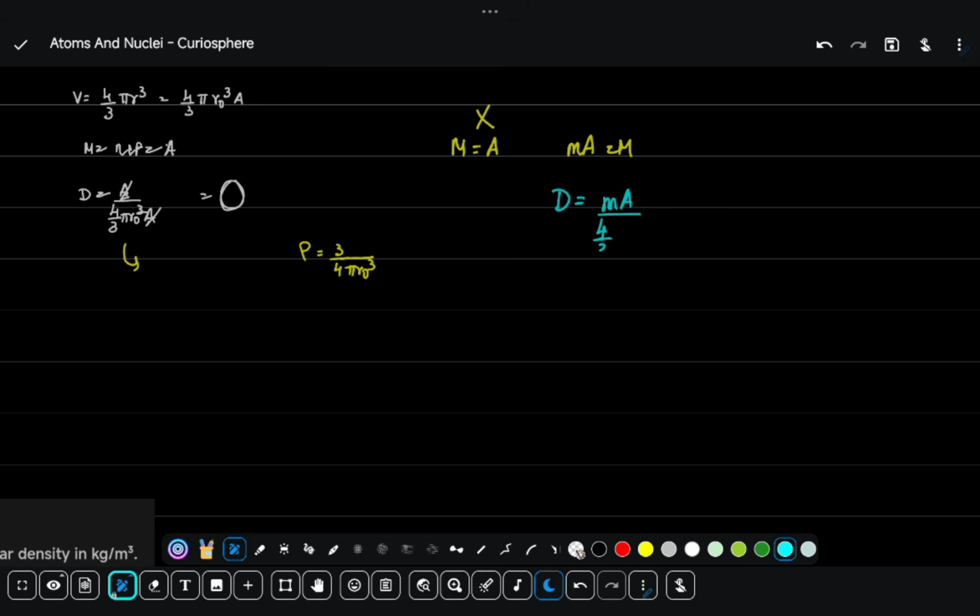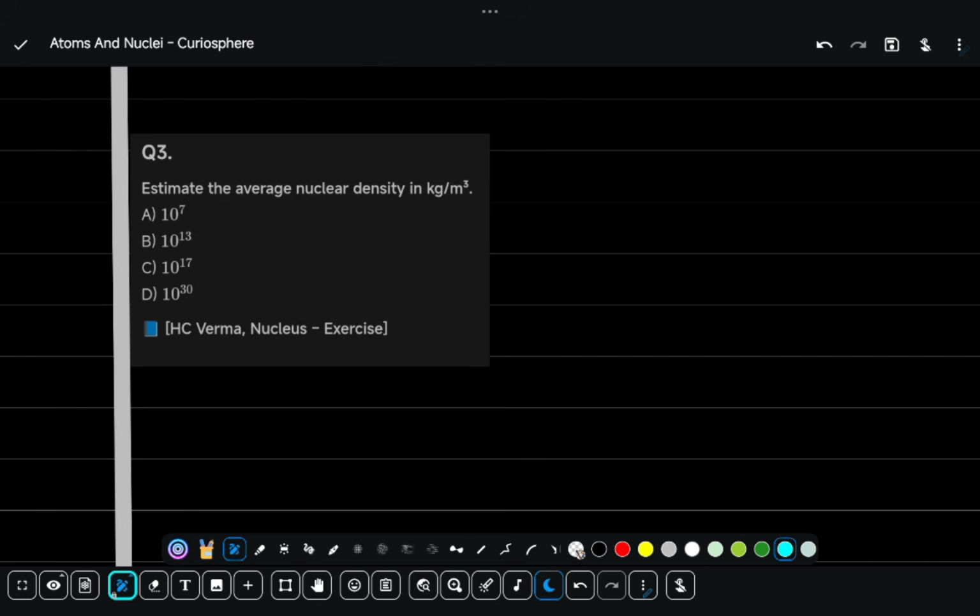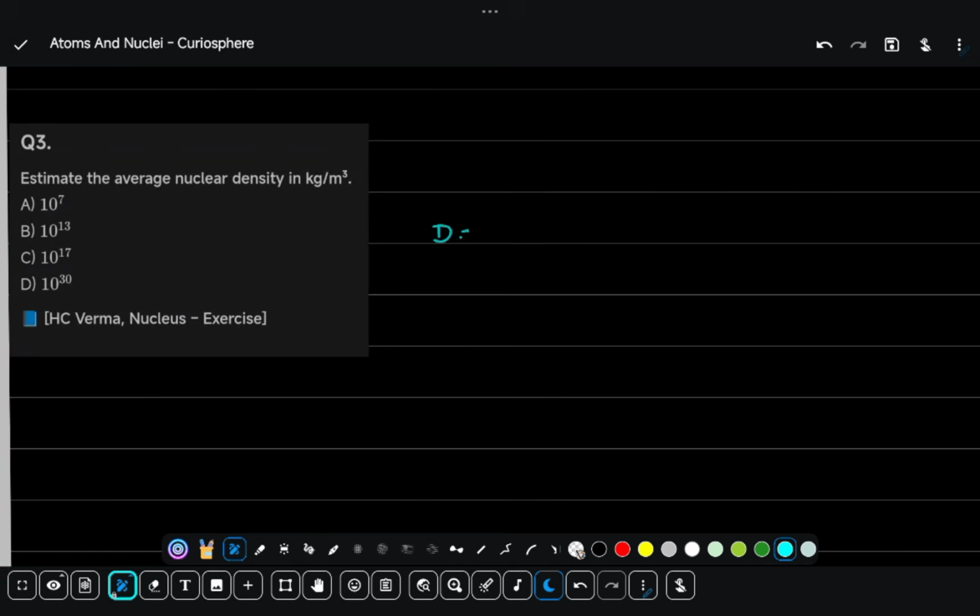If we consider this in the formula, D is equal to mA divided by 4 by 3 pi R naught cube. A will get cancelled, everything else is a constant, so D must be equal to 3m by 4 pi R naught cube. We are substituting this formula.